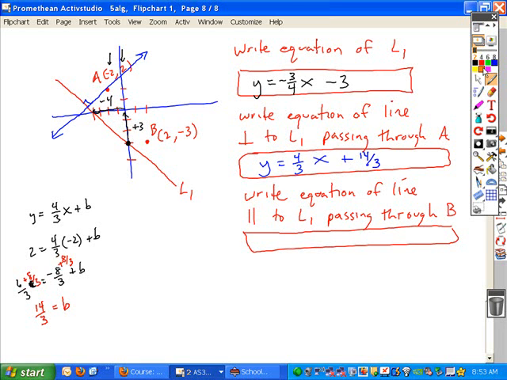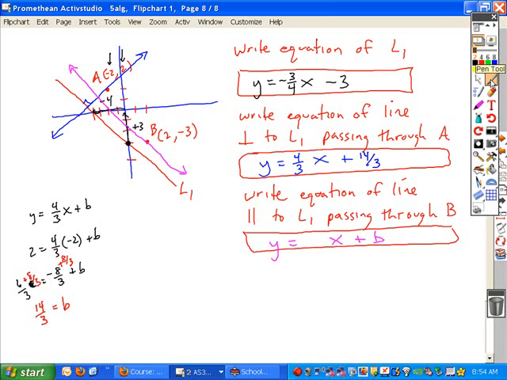So we could also come through and find an equation for a line that's parallel to line 1 that passes through this given point B. If we do that, we can start our equation with y equals mx plus b once again. This time, do we know what our slope is?